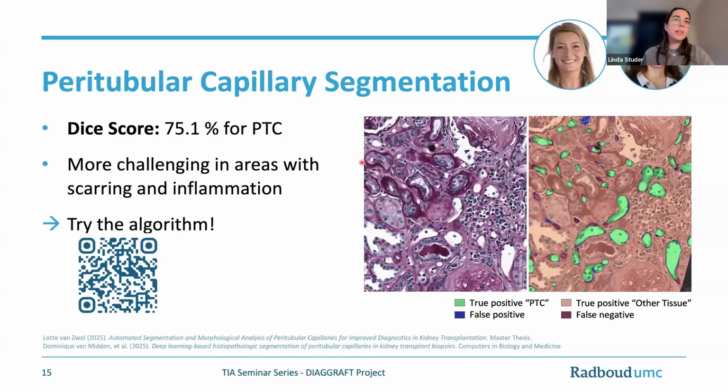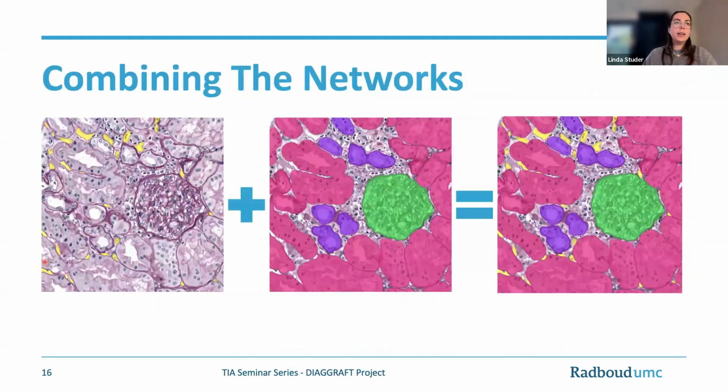Again, the most up-to-date version of this algorithm, the one that Lotte made, is also available on Grand Challenge. You can try it out yourself there as well, if you like. And the publication I've also listed here for you. That is just using the UNet, but exactly the same data set. Now, what we did is basically combine the outputs of these two networks.